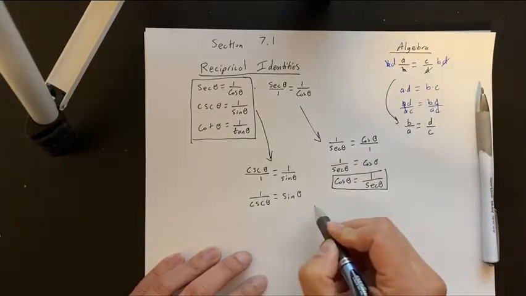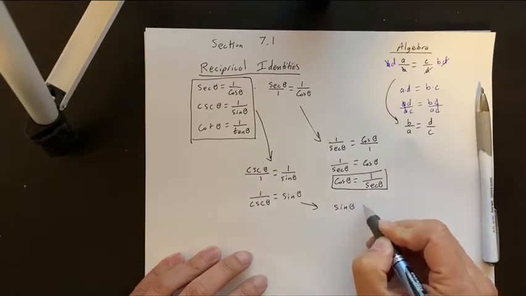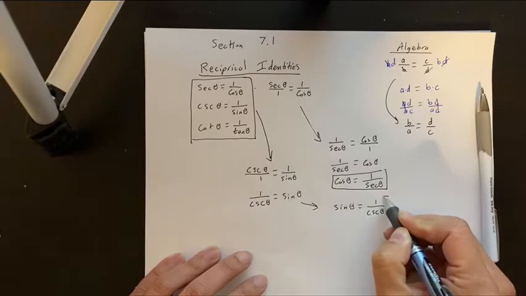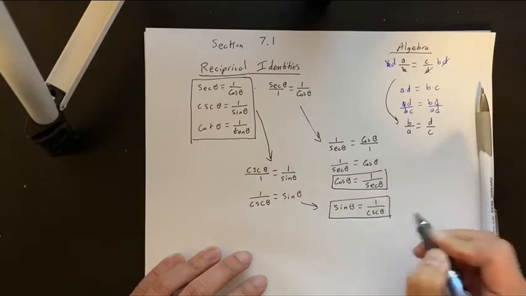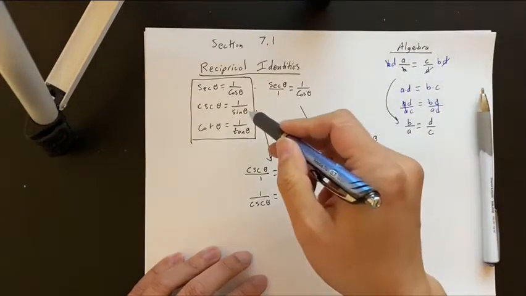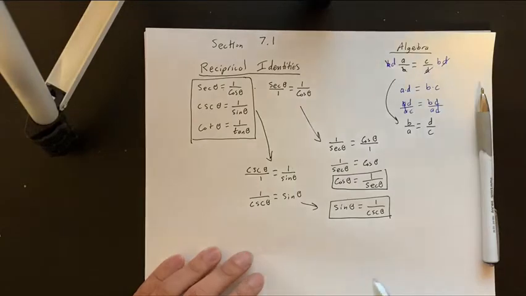And so that's going to give us sine theta is equal to 1 over cosecant theta. And you'll see that a lot of these identities, you start with something you know already and you play around with it and you get something new out of it.